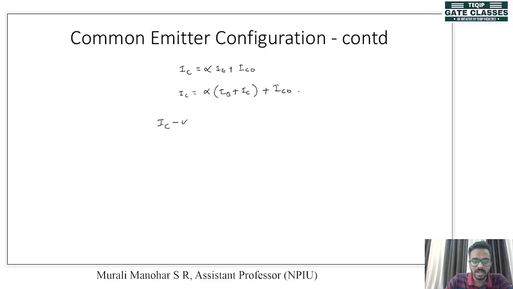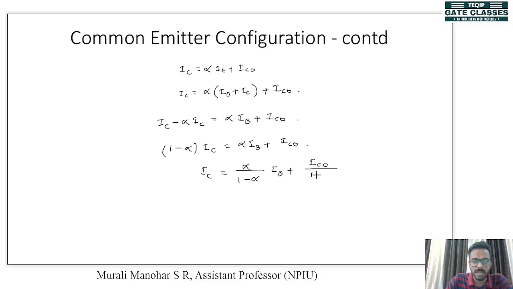So it becomes IC minus alpha IC is equal to alpha IB plus ICO. Now IC can be taken outside, so this becomes 1 minus alpha into IC equal to alpha IB plus ICO.